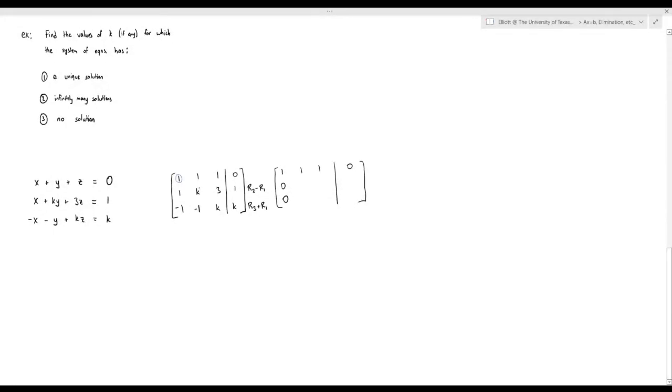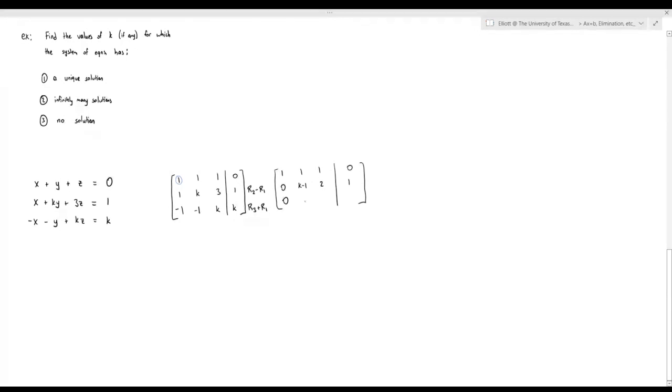Okay. Now here, when we do row 2 minus row 1, we'll get k minus 1. We'll get 3 minus 1 is 2. 1 minus 0 is 1. Here we'll also get row 3 plus row 1. Oh, okay. Negative 1 plus 1, another 0.